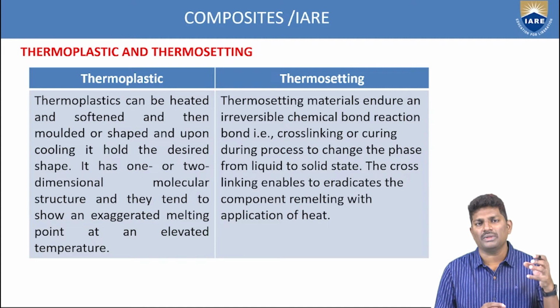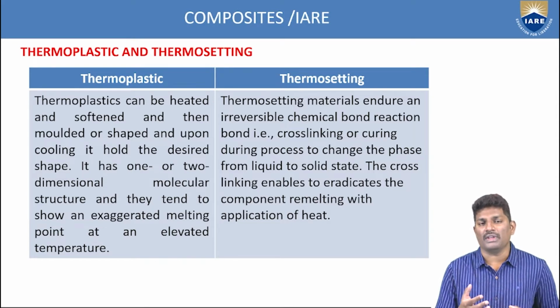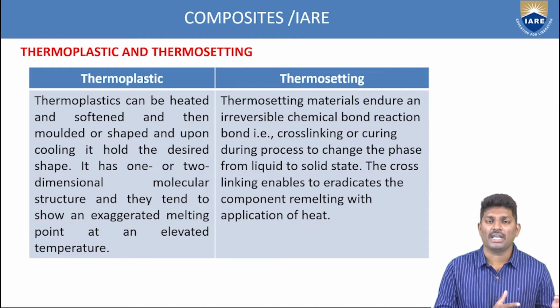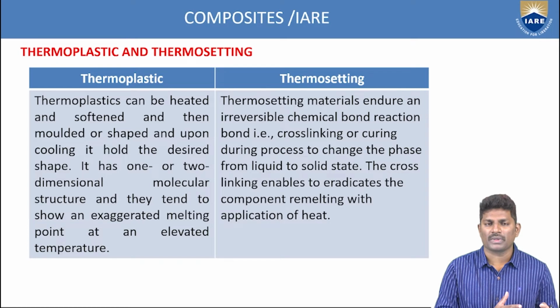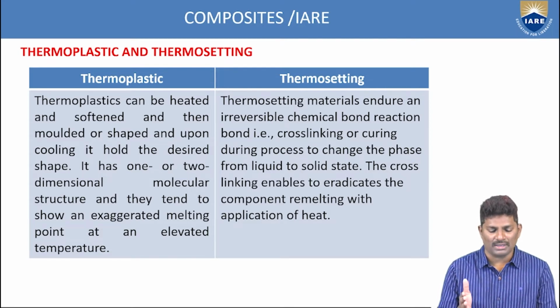Then upon cooling, you get the required shape. So that is about thermoplastics. Thermoplastic has the property that when you heat the material, it can be molded into any shape you want to prepare. After heating, you pour that molten material into the mold, and after cooling, you get the required shape. So that is about the thermoplastic.